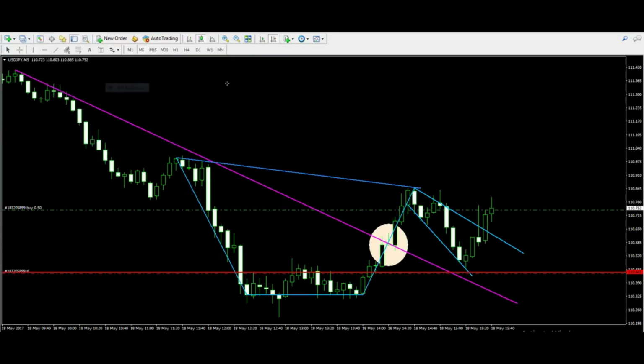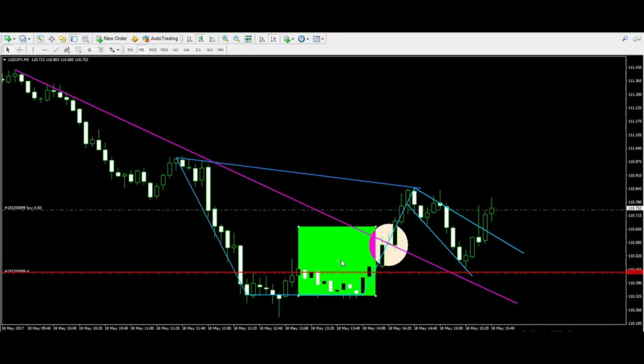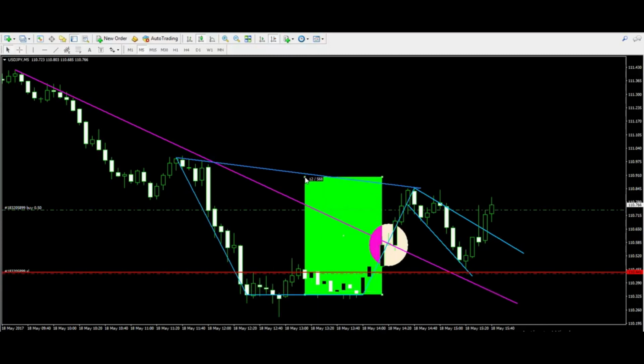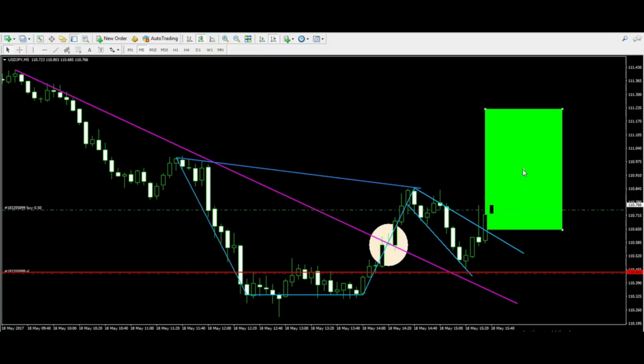So one should always be creative here when measuring targets. So now I'm putting this rectangle somewhere over here in the middle of the base of the cup, and I stretch it upward, and this is the move that I'm going to pursue. This is the size of the move I'm going to pursue, and I apply this size starting from the moment of the breakout through the upper level of the handle.